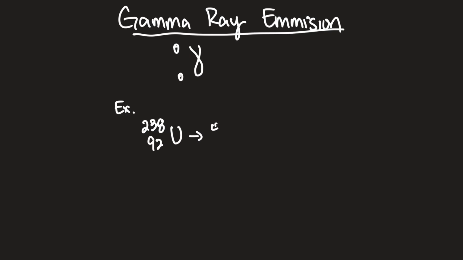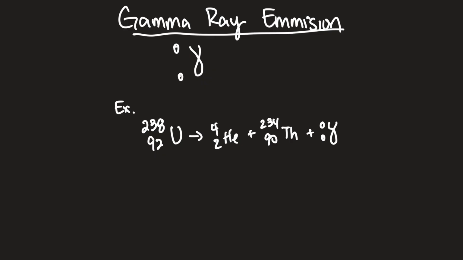So we will have our alpha particle here plus the results from this alpha particle being emitted. And then at the same time, we may have some gamma ray photons emitted as well.